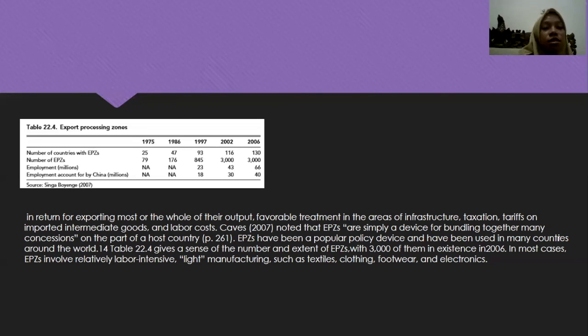As you can see in Table 22.4, it gives a sense of the number and existence of EPZs, with many of them in existence in 2006. In most cases, EPZs involve relatively labor-intensive activities in manufacturing, such as textiles, clothing, footwear, and electronics.